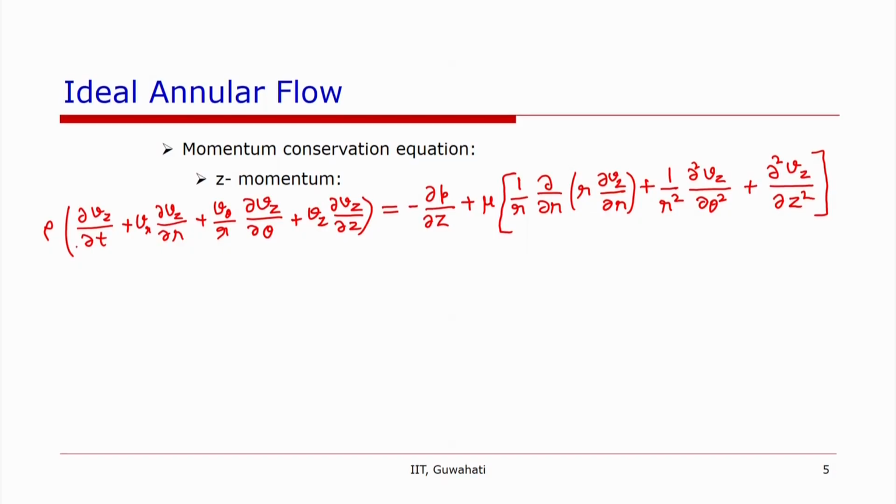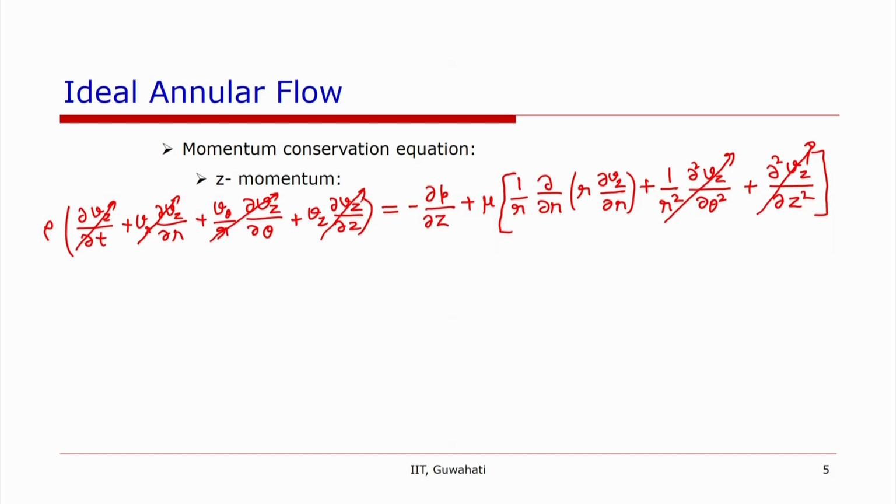So again, del Vz over del T is 0 because it is at steady state, this term will be 0 because Vr is 0, this term will be 0 because V theta is equal to 0, and this term is 0 because del Vz over del Z is 0. Now this is 0 because gradients in theta direction are 0, and this is 0 because flow is fully developed, so del Vz over del Z and its derivatives are 0.